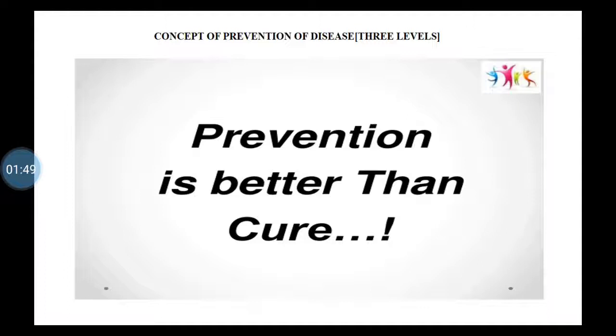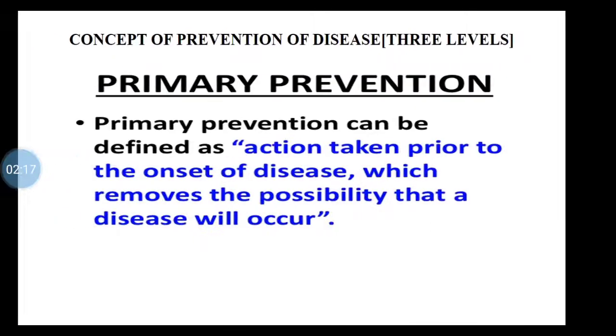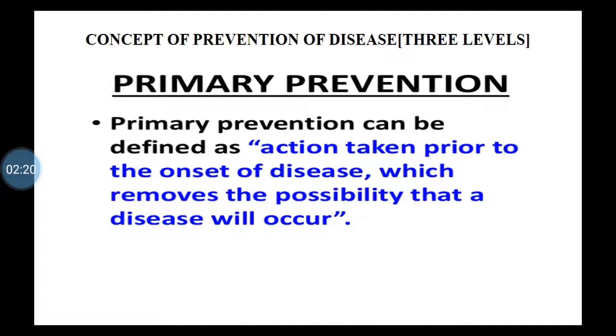Now, factors that are harmful to health must be taken care of. We must identify the factors which are harmful to our health, isn't it? Now, the concept of prevention is broad based and it is defined in three levels: primary prevention, secondary prevention, and tertiary prevention.